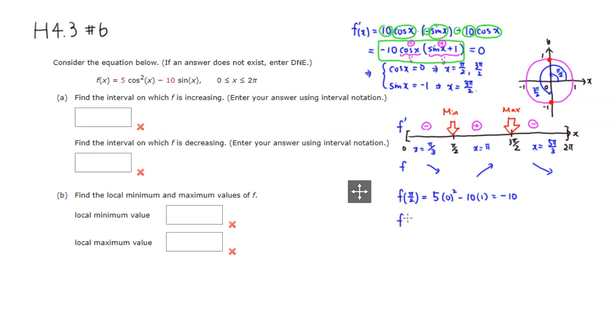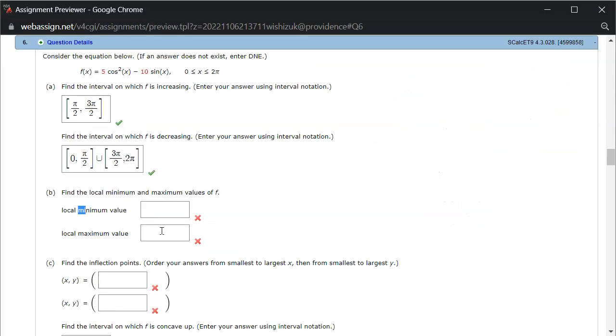And the maximum is going to be f of 3 pi over 2. 5 cosine of 3 pi over 2 is 0 again, but negative 10 times sine of 3 pi over 2, which is negative 1, so it gives you positive 10. So the minimum value is negative 10, and the maximum value is positive 10.